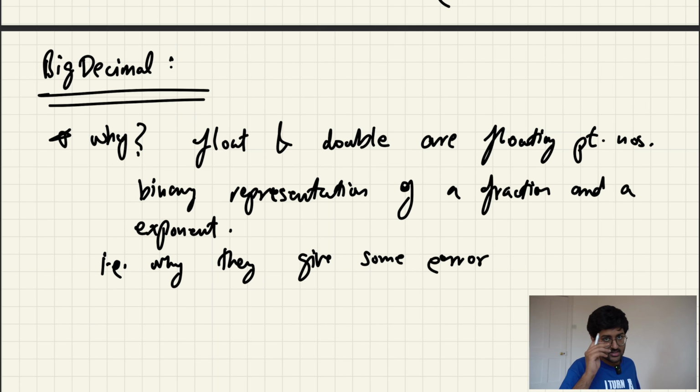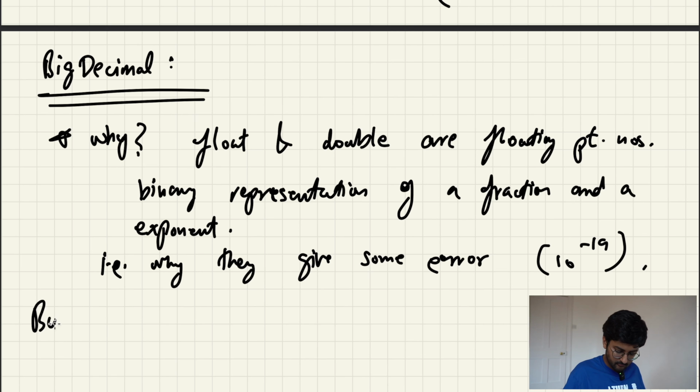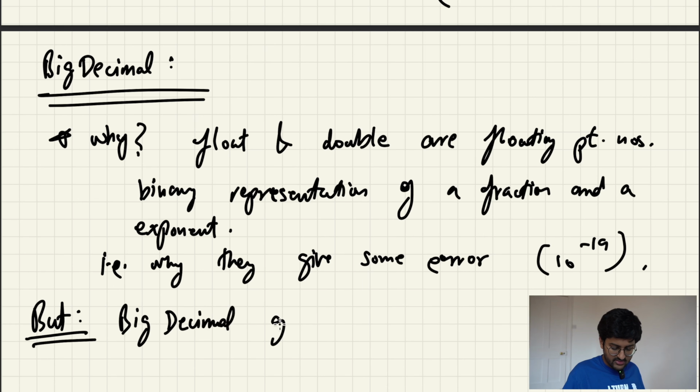We've covered this in the previous lecture, like how these data types are stored. Check out the data types video. But they give a small error of around 10 raised to power minus 19. That is the problem. But big decimal gives the exact answer.